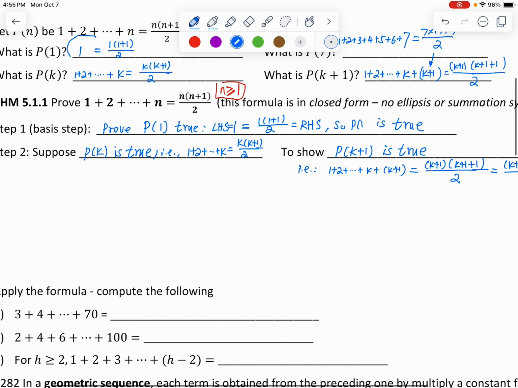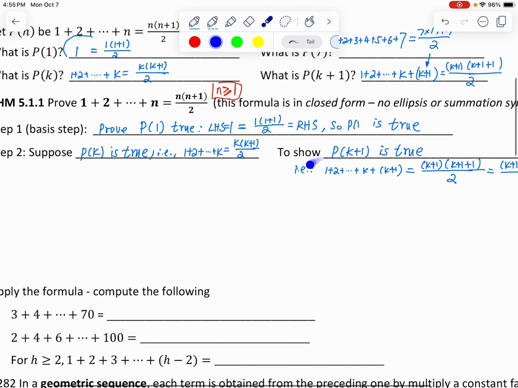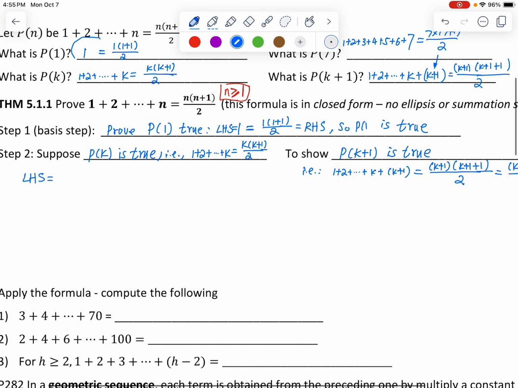Okay. Now this is what we want to show, right? Let's begin with the left hand side of P of k plus 1, which equals 1 plus 2 plus up to k plus k plus 1. Now we definitely have to use what we assume, our supposition.